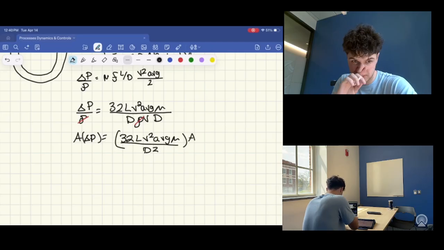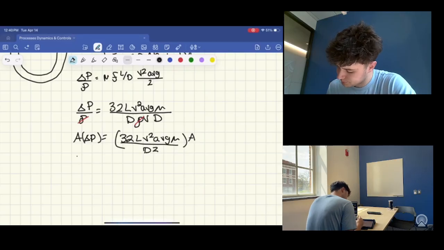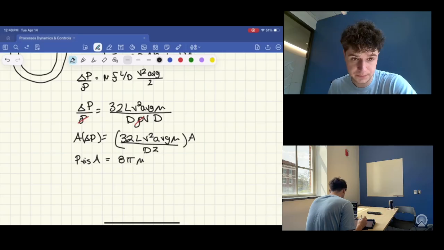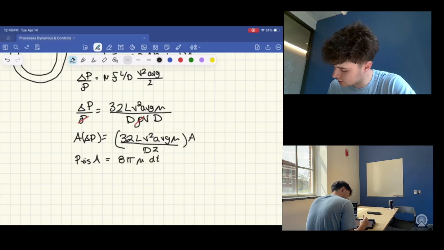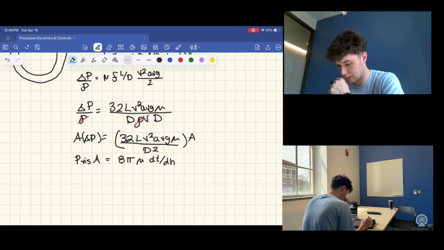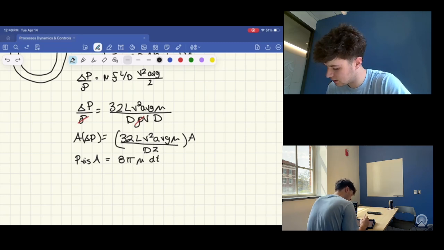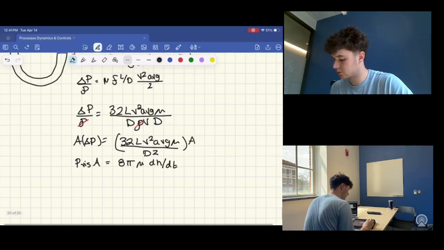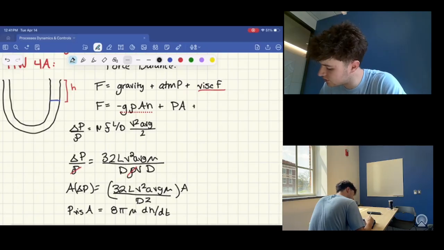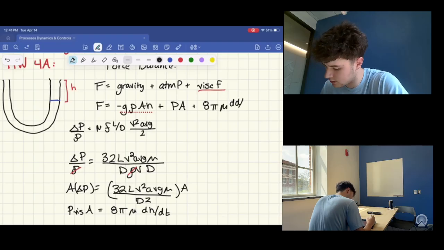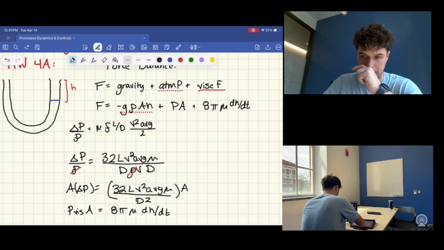And then the final step in the equation is P viscous times A equals 8 pi mu dh over dt. Sorry, wait, dh over dt. And so we will just add that up into our equation, which we said is 8 pi mu dh over dt.